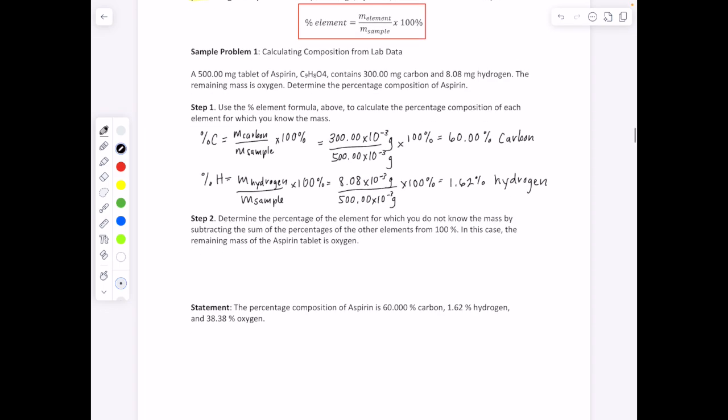In step 2, we determine the percent of the element for which we do not know the mass by subtracting the sum of the percentages of the other elements from 100%. The remaining mass of aspirin in the tablet is oxygen. So for the percentage of oxygen, we're going to subtract from 100% the percentage of carbon and the percentage of hydrogen.